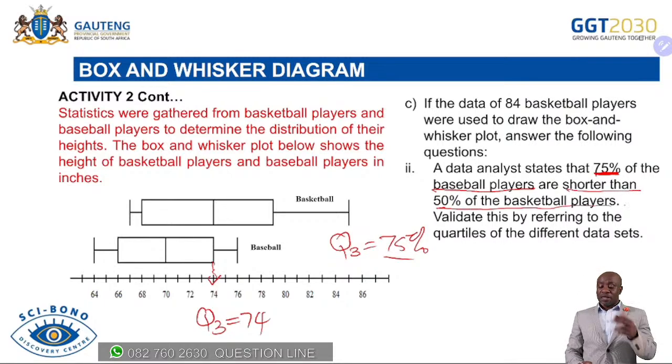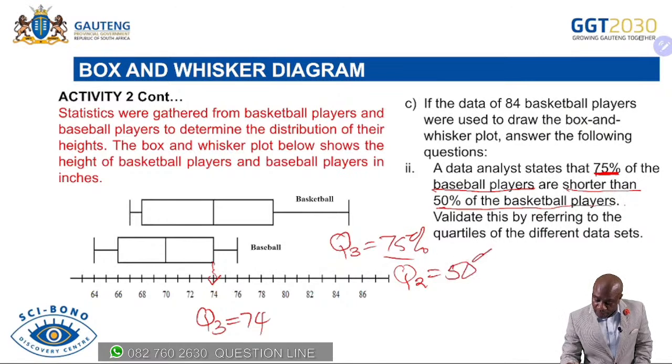So 50% implies Q2, median, middle value, 50%, half. Remember I said half empty, half full. But we are looking at Q2, which means 50%. So we go to basketball players, we're looking for 50%, we're looking for the middle, the value inside our box there. And that value is this one.